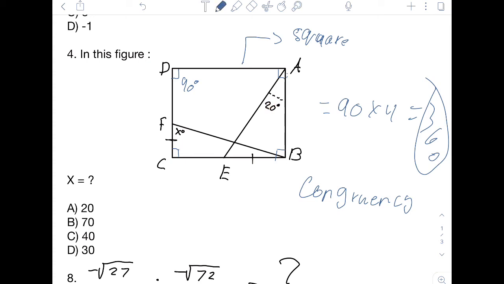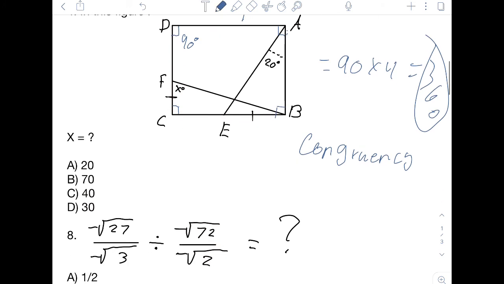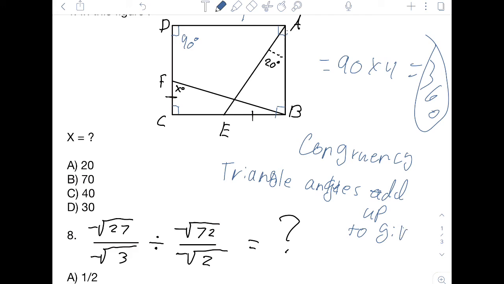Now since we know that this is 20, we also know that triangle angles add up. They all add up to give 180 degrees, right?